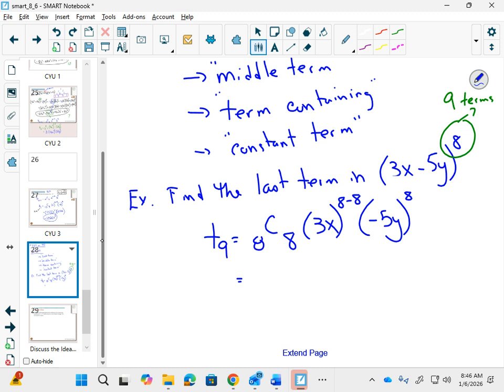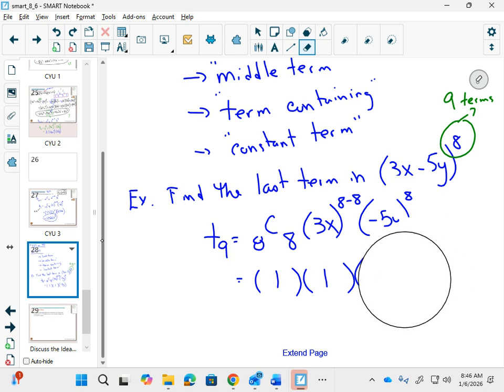And when you're working through the formula, simplify each of these inside of brackets first. 8 choose 8 is 1. Anything to an exponent 0 is 1. And the minus 5y is going to be to the exponent of 8, so that's going to be positive.